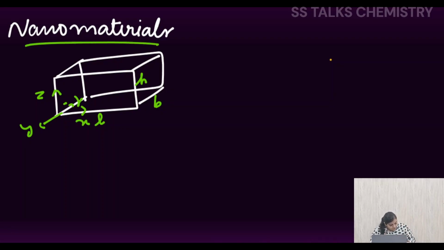And in nanomaterials, if you have a particular material in which at least one or more than one of these axes lie in the nanoscale region, that type of material is called a nanomaterial.